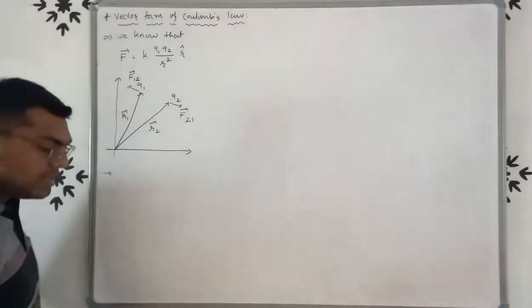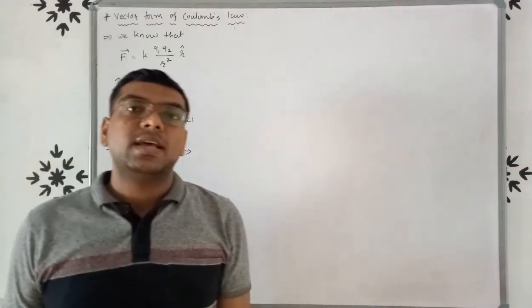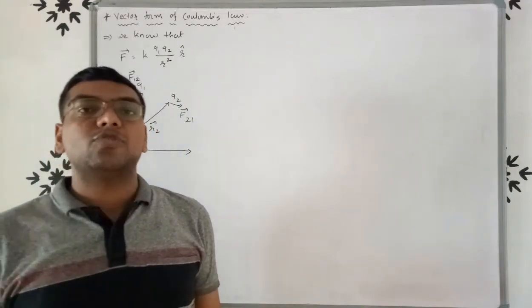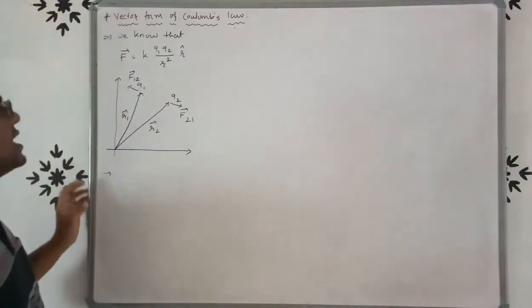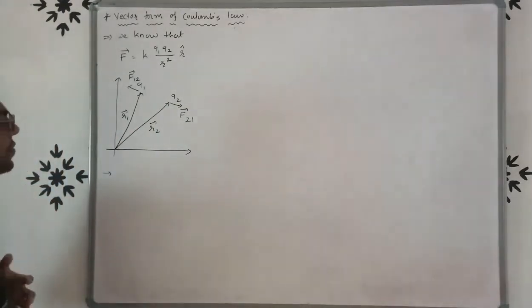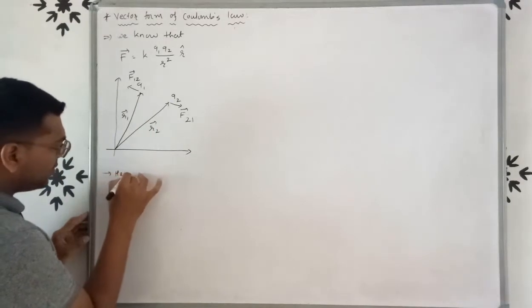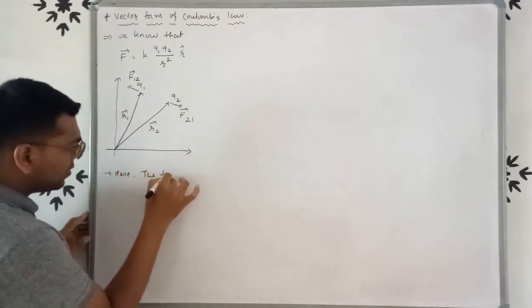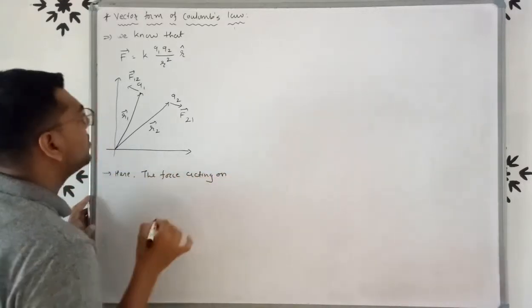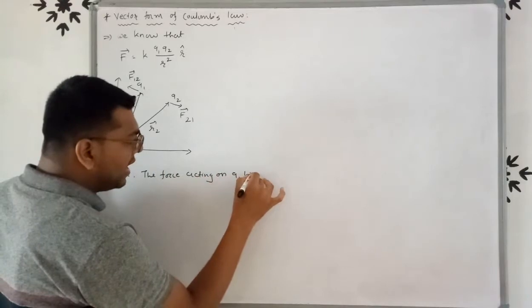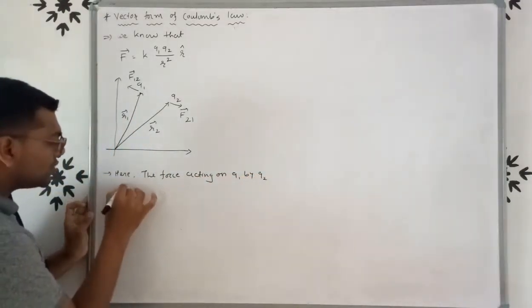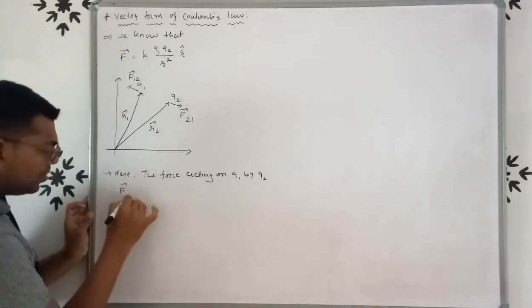Now we can write that the first sentence is R1 and R2 are the position vectors of point charges q1 and q2. Now the next point is the force acting on q1 by q2. So the force acting on q1, F1 by q2, so 2.